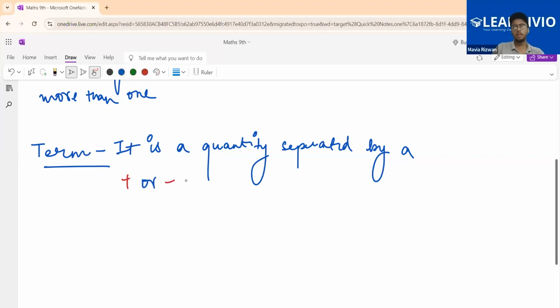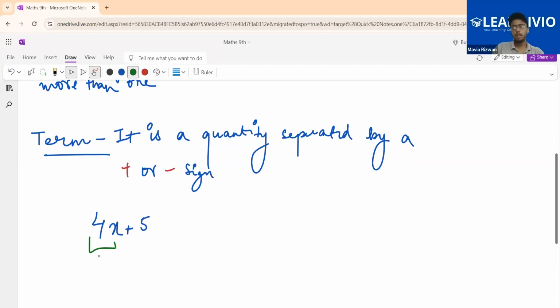Right? So first of all, did you understand what a term is? Yes, sir. Suppose I write 4x plus 5. So here 4x is one term, and 5 is another term. Okay?